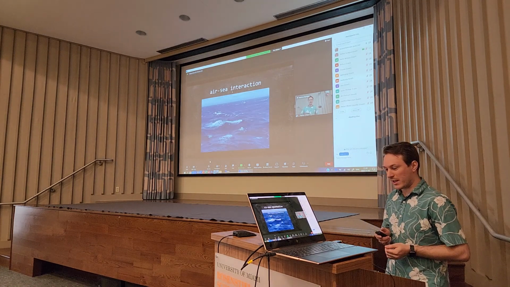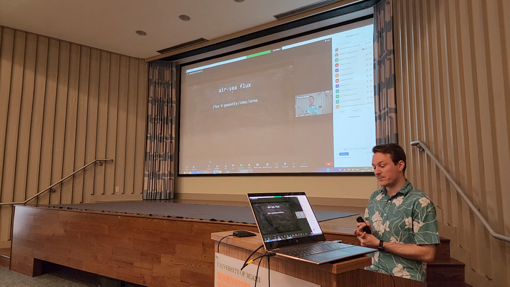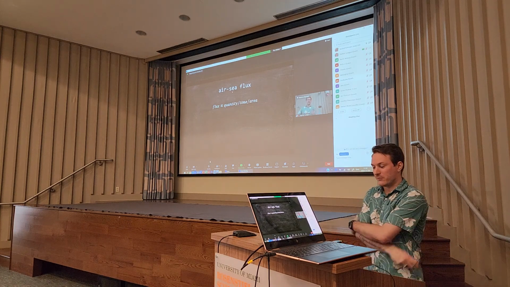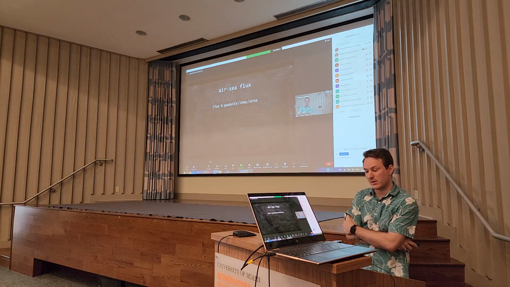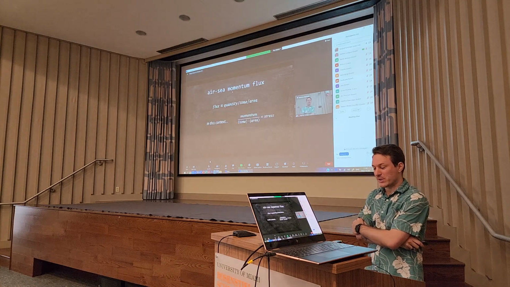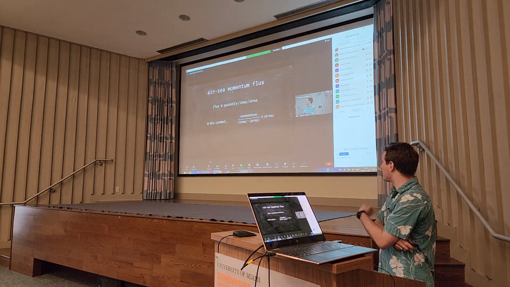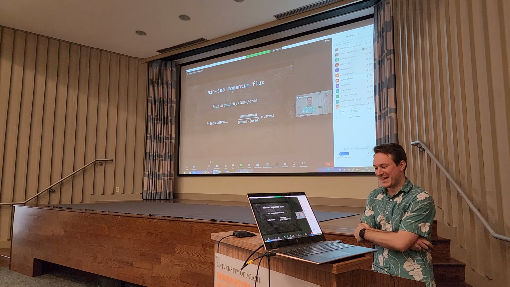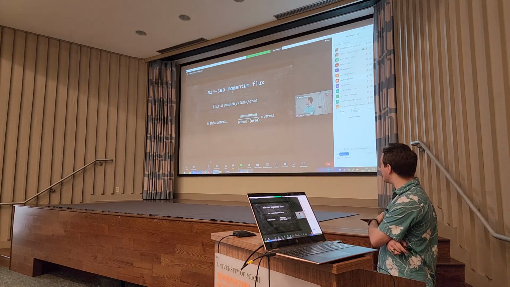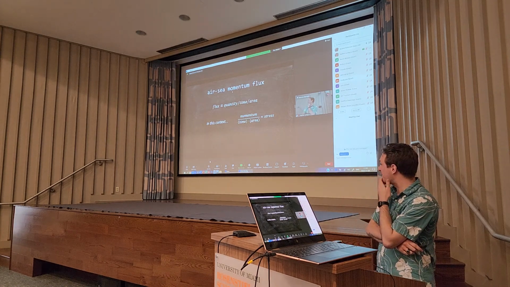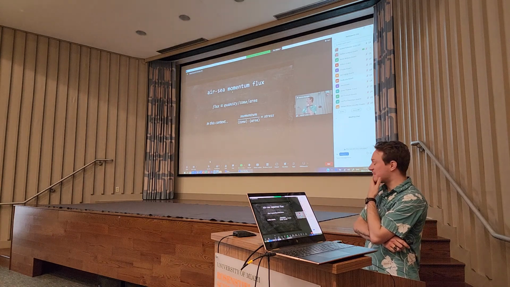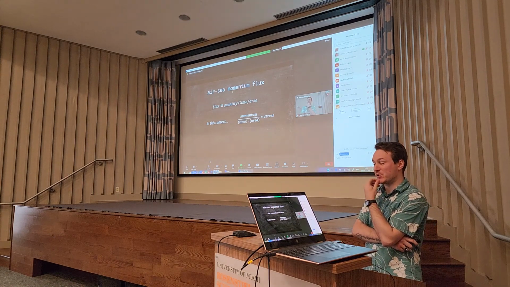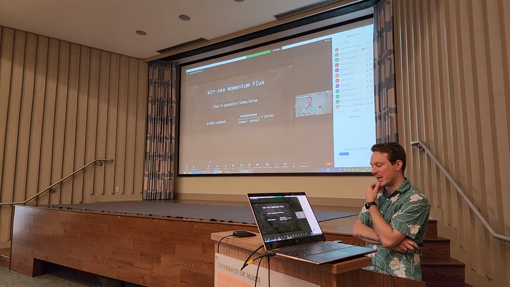Okay, so air-sea flux. Let's get right into it. In broad physical terms, you can think of a flux as the passage of some quantity through some surface. If your quantity of interest is momentum, you can take the rate of change of momentum and have it pass through a particular area, and that gives you units of stress, or force per unit area.